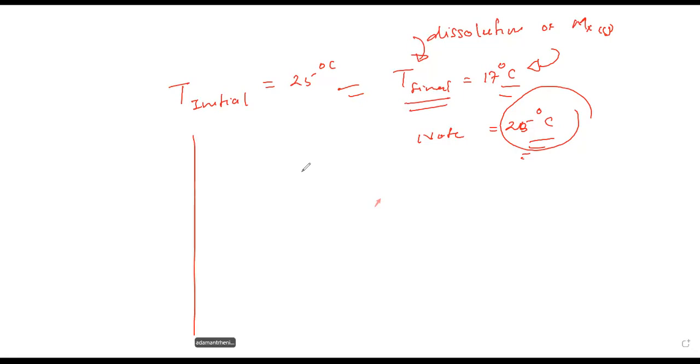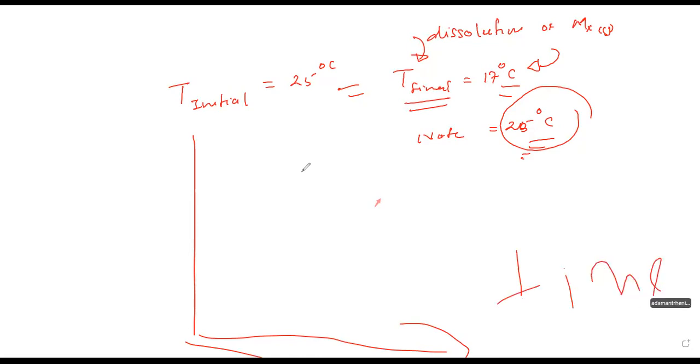I will take the question. And temperature will be in the x-axis.